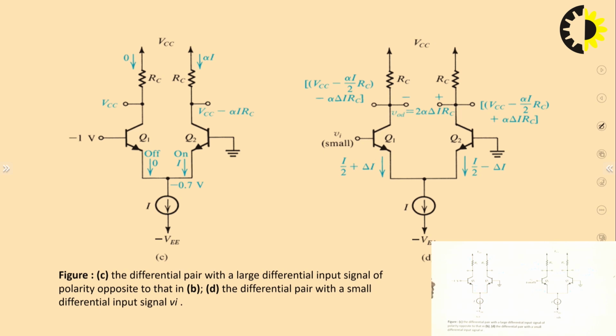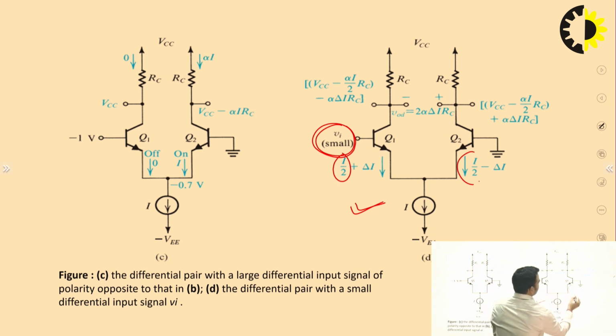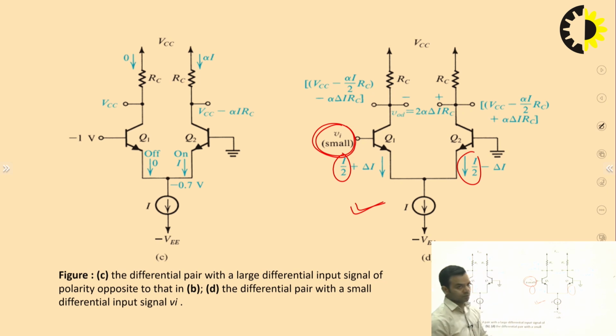Okay. Let us consider now the fourth case, which is of the differential pair with a small differential input signal Vi. We have applied a small voltage Vi. Earlier, I/2 current was flowing in two transistors.